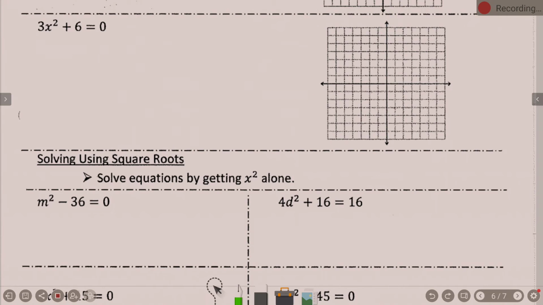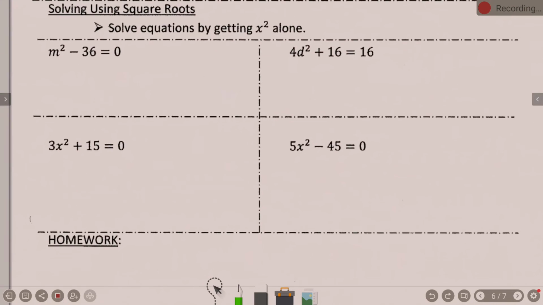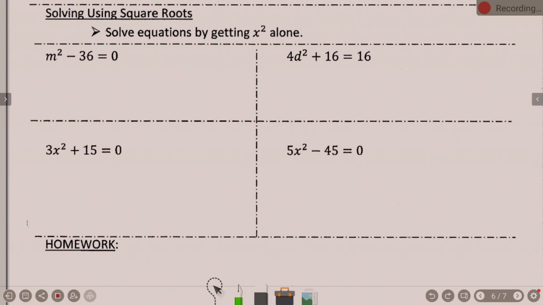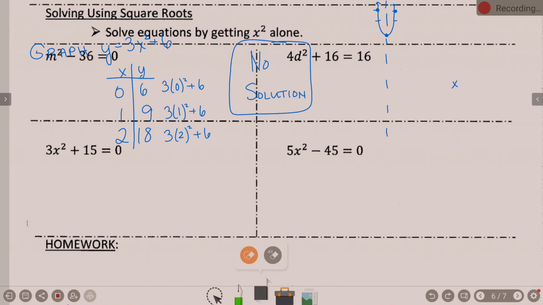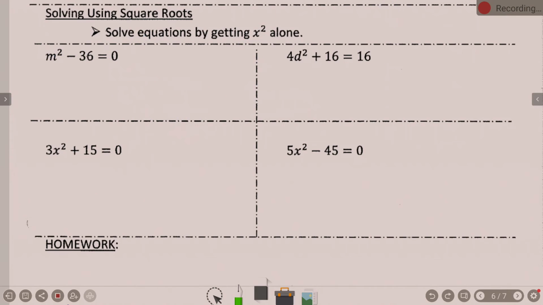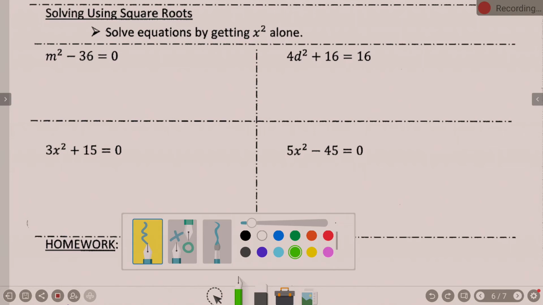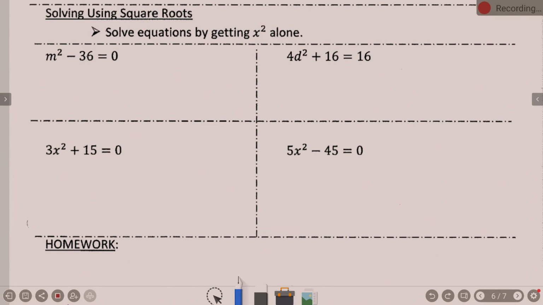Okay, so let me move my paper up. So we have all this on one page. I don't have to move again. Let me erase this. Okay, so notice when it says solve using square roots, it suggests solve equations by getting x squared alone.